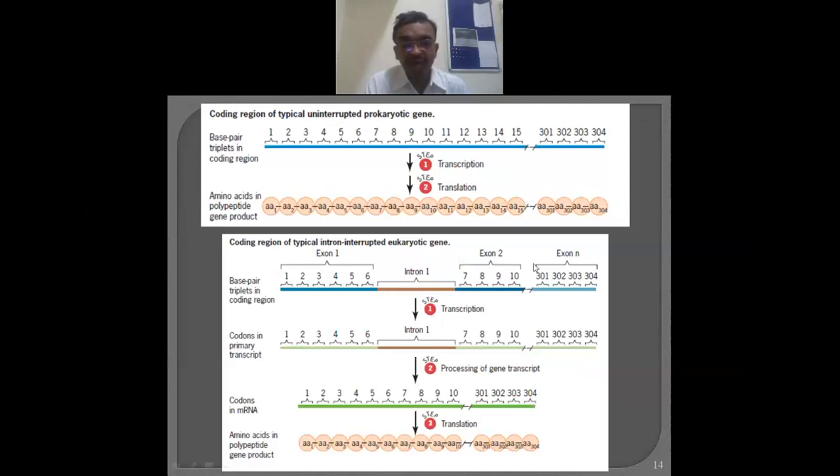This is the primary transcript, and this is the processed transcript, and the processed transcript is available for translation. So this is the very important difference between prokaryotic and eukaryotic systems. In prokaryotes, such exon-intron interventions are not there. That is a very important point.